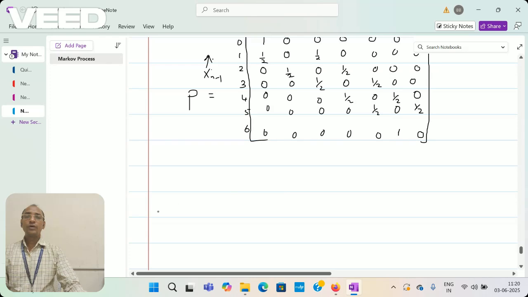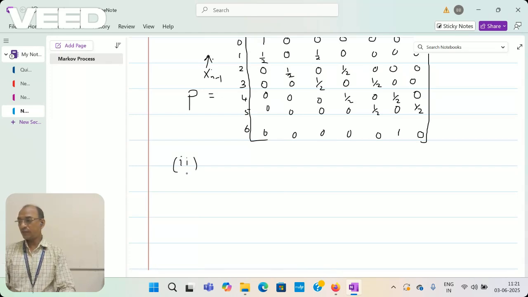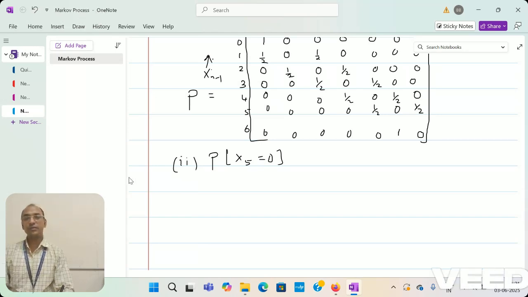Now what we will do, the next question is, what is the probability that the man will lose the money at the end of 5 plays? So we can say X5 will be the end of 5 plays, means we can say probability of X5 equal to 0.